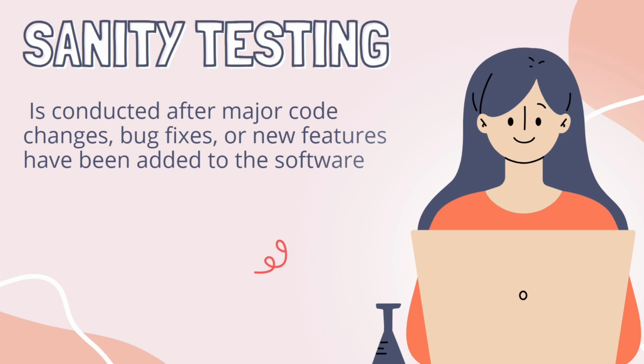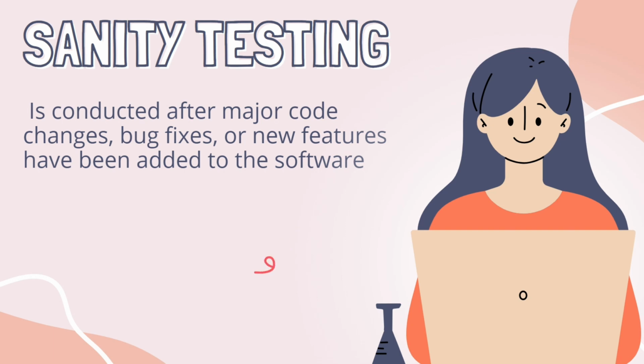So let's understand some examples of sanity testing. We will again take the same example of the e-commerce application, the Amazon website. Suppose the development team has just fixed a critical bug related to the checkout process. In this case, sanity testing would involve the following steps. Verify that the checkout process, which was previously failing, now works without error.